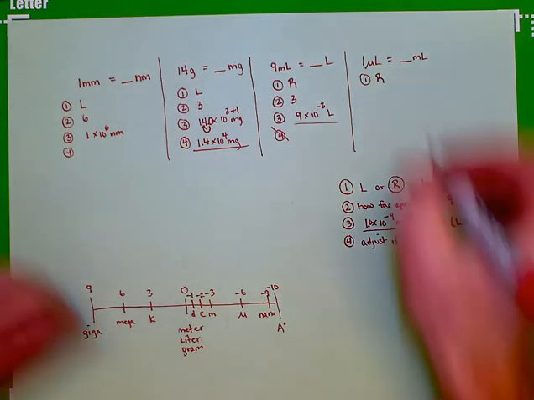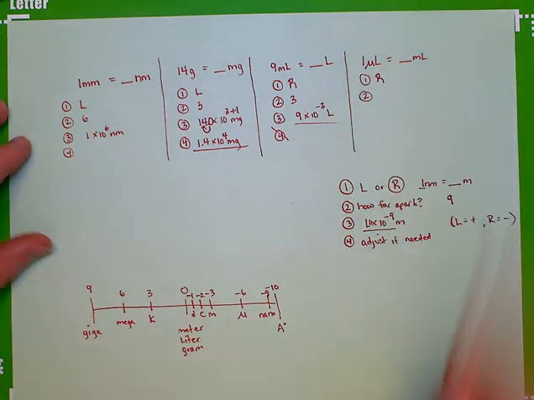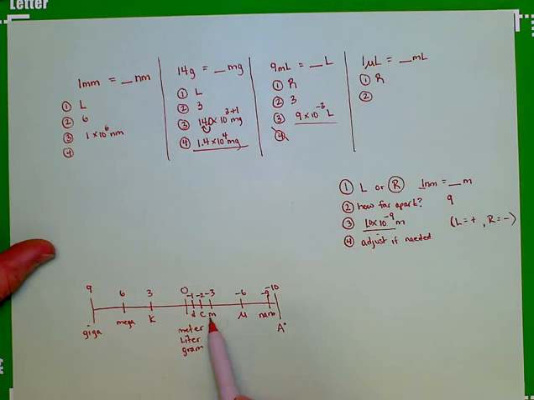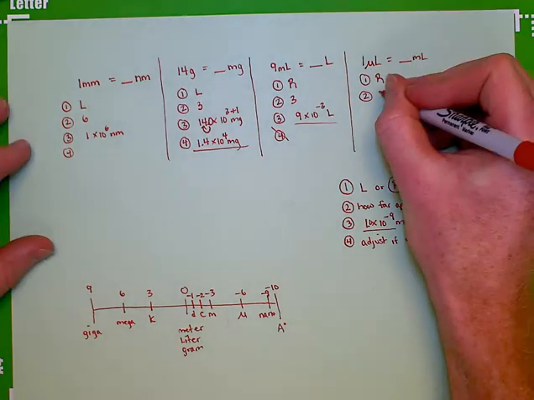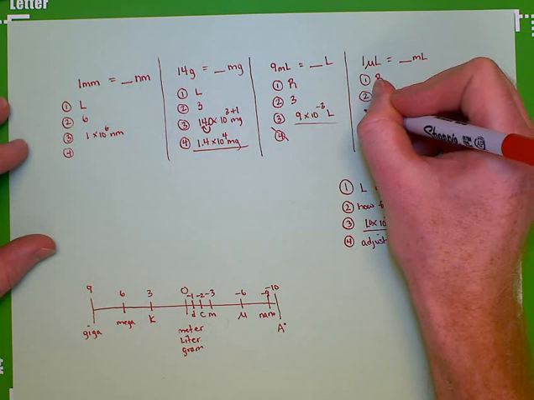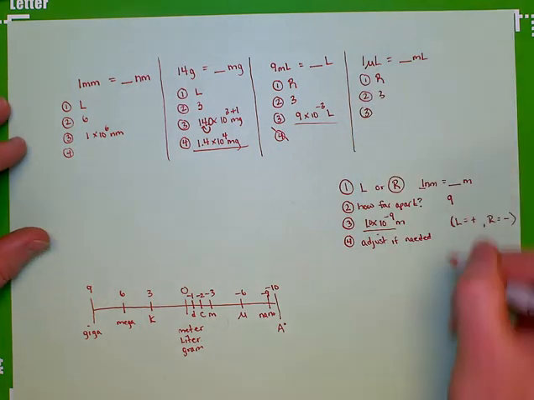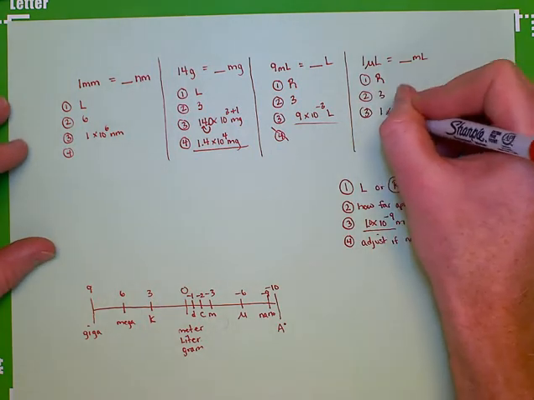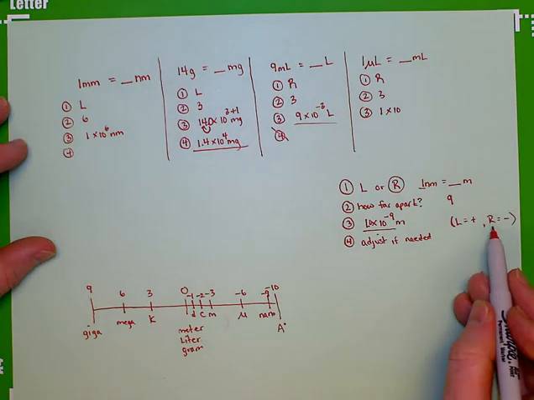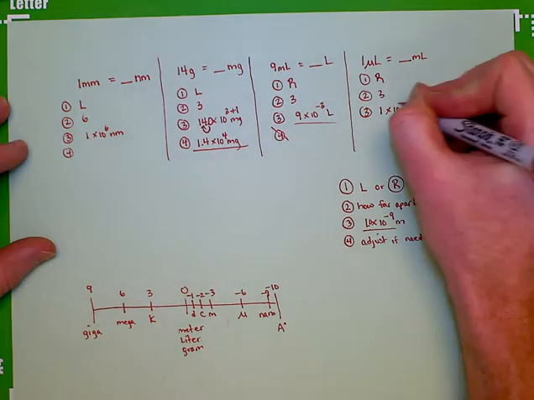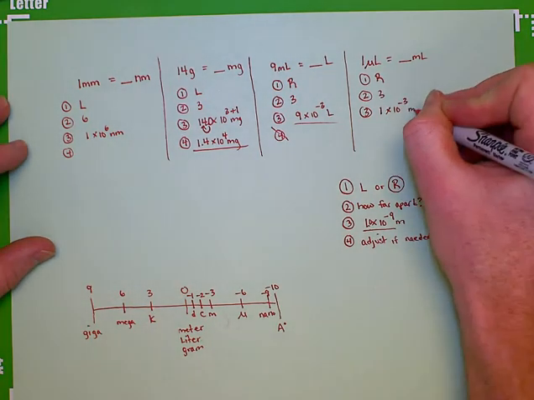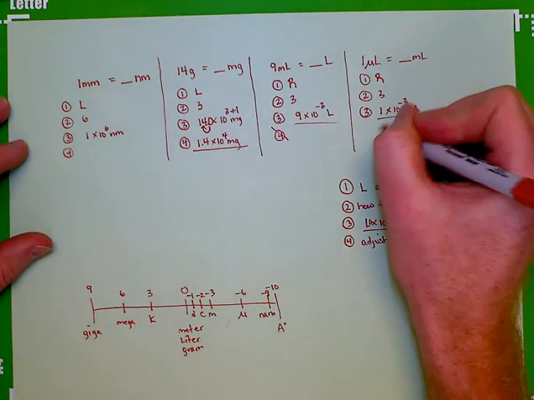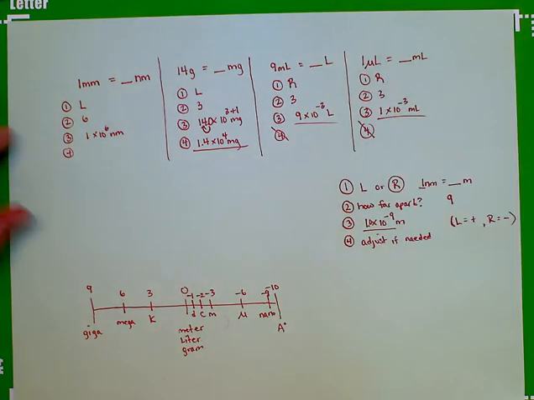Number 2, how far apart are they? Milli to micro, distance of 3. Number 3, do your conversion. 1 times 10, right hand side means negative, 10 to the -3 milliliters. Okay, that is the right format, and so we don't need to adjust. That is the right answer.